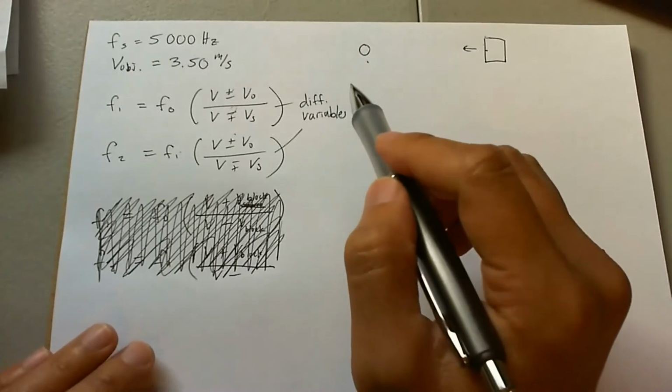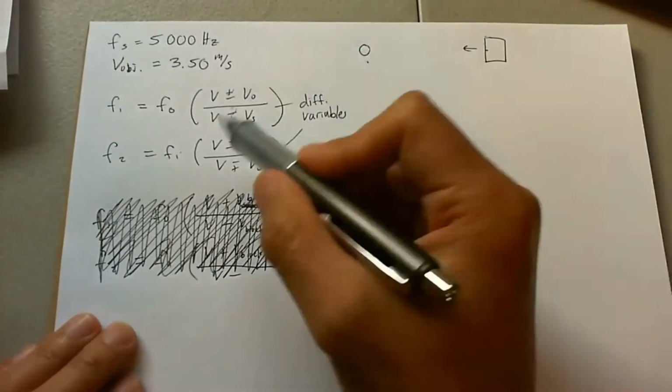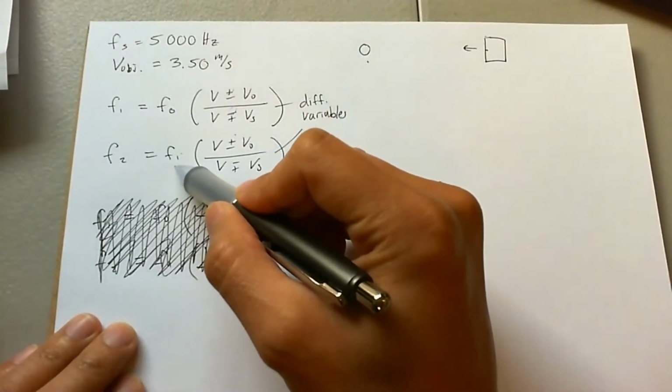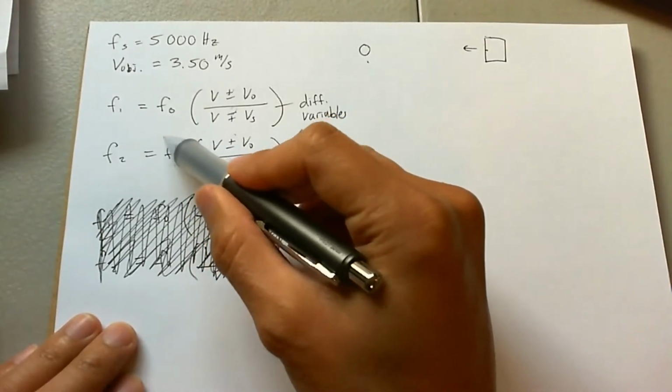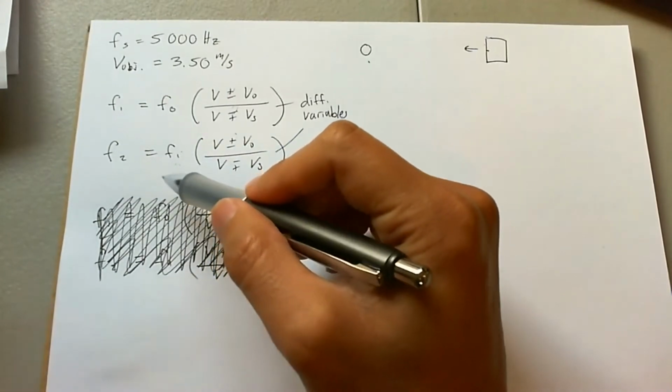So the block takes that frequency, re-emits it, and that re-emitted frequency is now the source frequency. That's why I'm putting it as F1 down here, in the place of the source frequency when something emits to an observer.